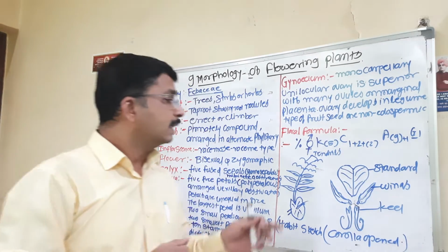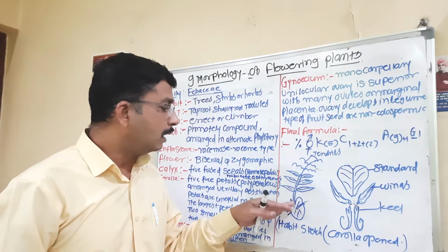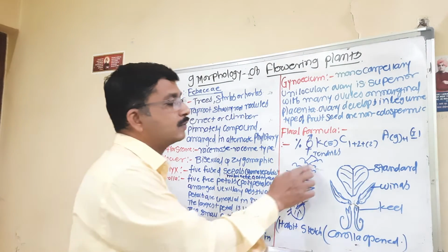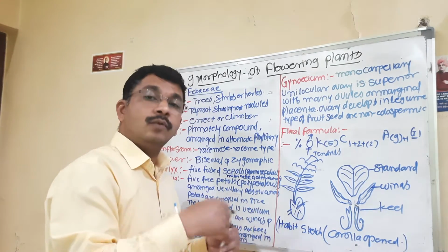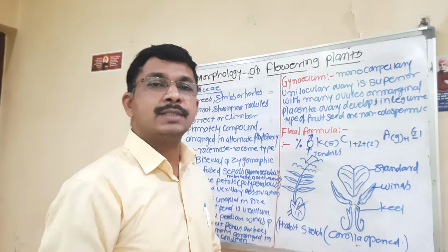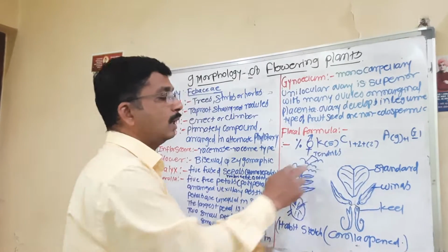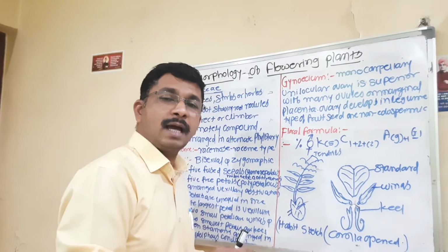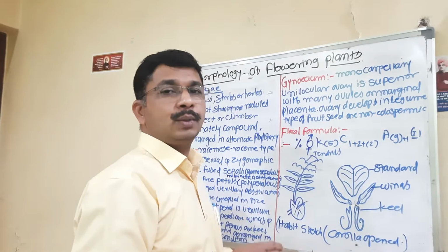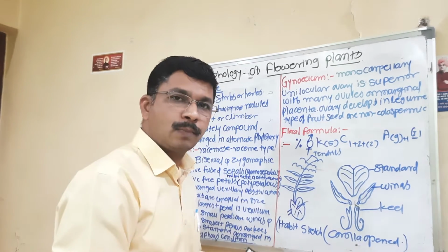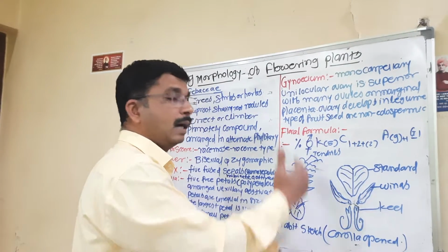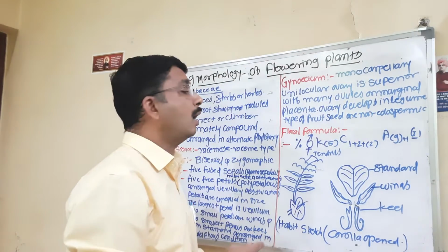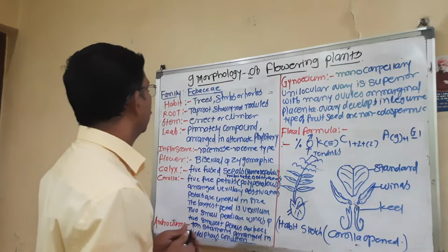That's why these plants produce this kind of structure. These leaflets convert into wire-like, tube-like structures, and that is called tendrils. The tendrils anchor to support the plant mechanically, and because of that support, the plant grows in the upward direction.